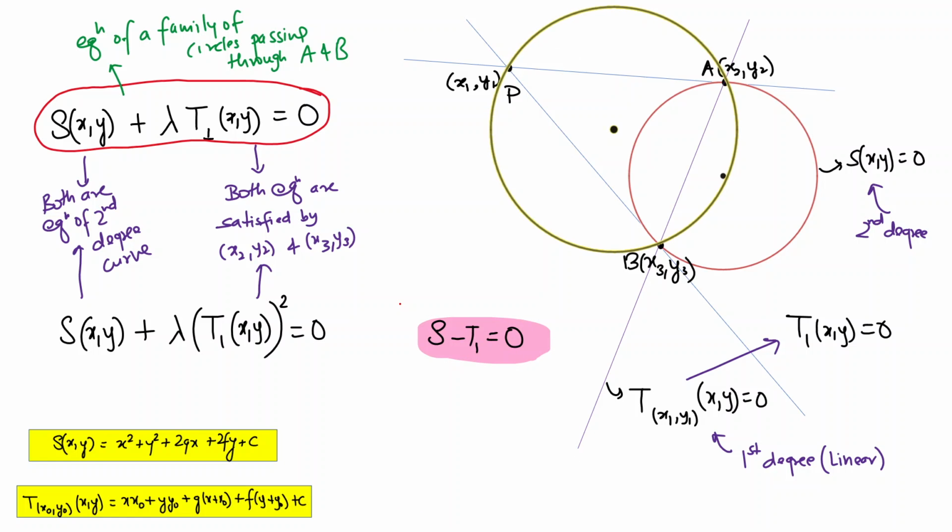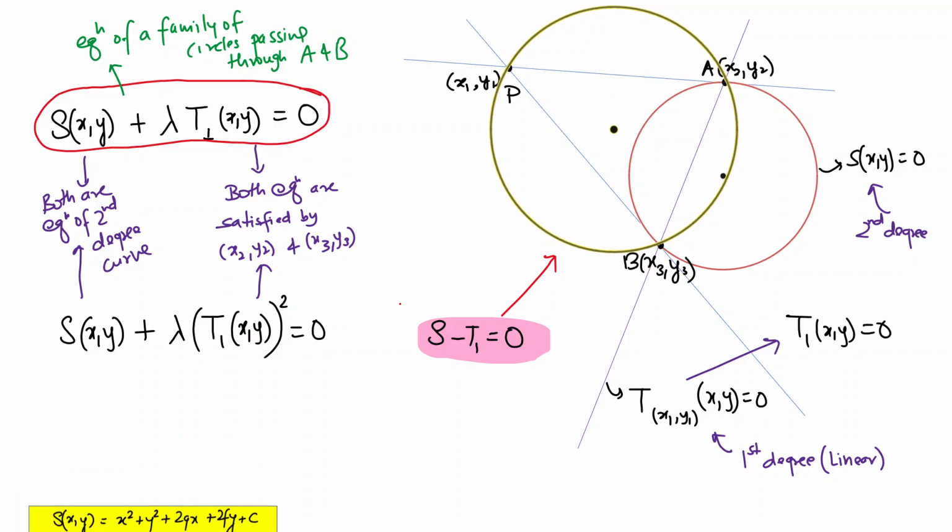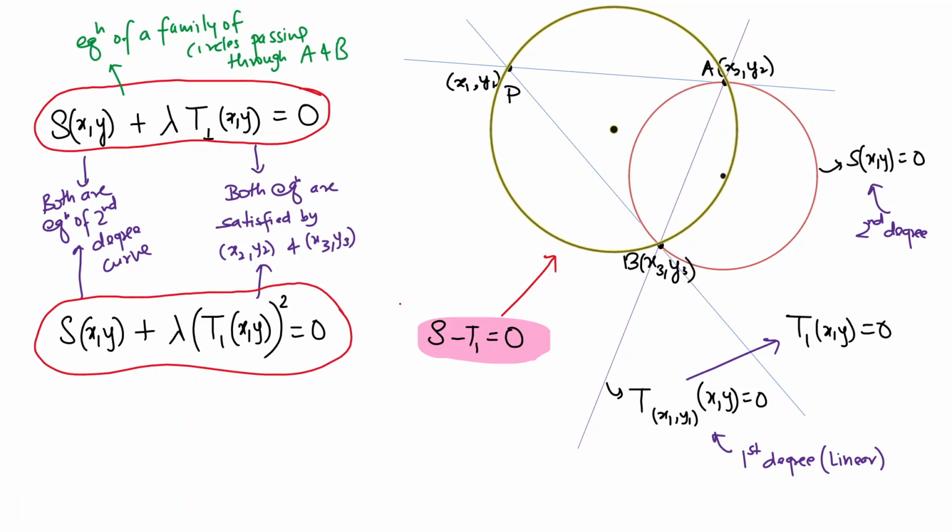This is a very interesting circle, and from here many other constructions will follow also, but this one is nice. But unfortunately we didn't get the equation of the pair of tangents from here, so we hope to get it from this second expression. Okay, what the heck is this?